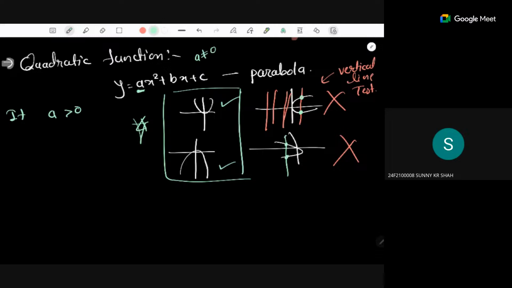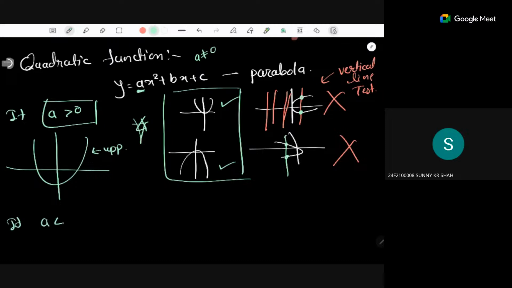So there are two choices left: a can be strictly greater than 0 or strictly less than 0. If a is strictly greater than 0, it represents an upward parabola, and if a is strictly less than 0, then it will represent a downward parabola.